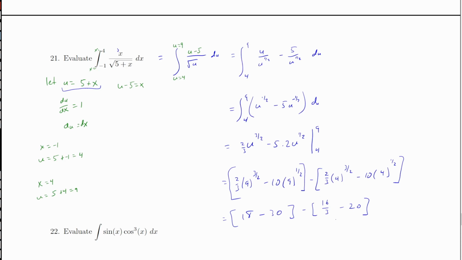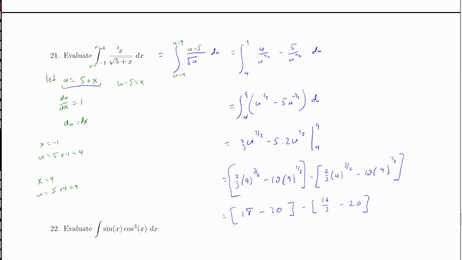Okay. And then, at some point we can stop simplifying numbers, right? So here I have negative 12 minus 16 thirds plus 20, which gives me 8 minus 16 thirds, which is 24 thirds, minus 16 thirds, which gives me 8 thirds.